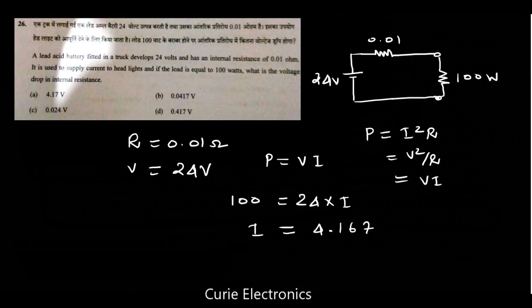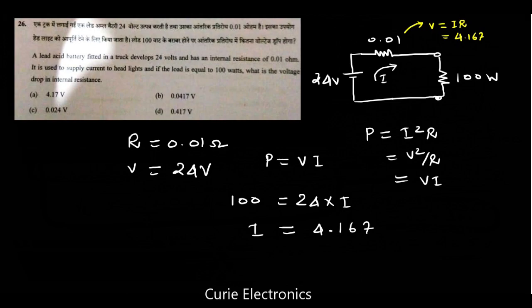Now, voltage and current we know. When current flows, what is the drop? When so much current flows through the circuit, what is the drop across this 0.01 internal resistance? V equal to I into R. What is the I? 4.167 is flowing through the internal resistance.